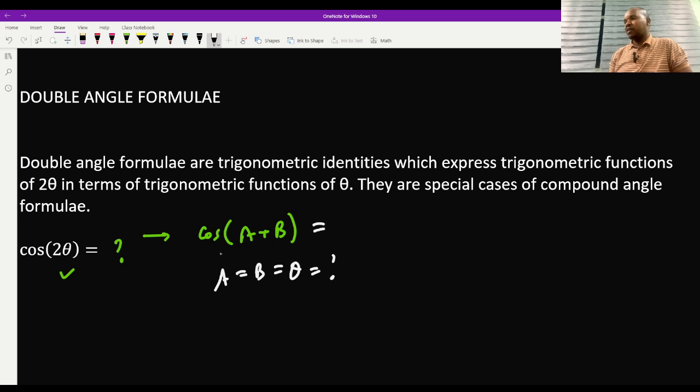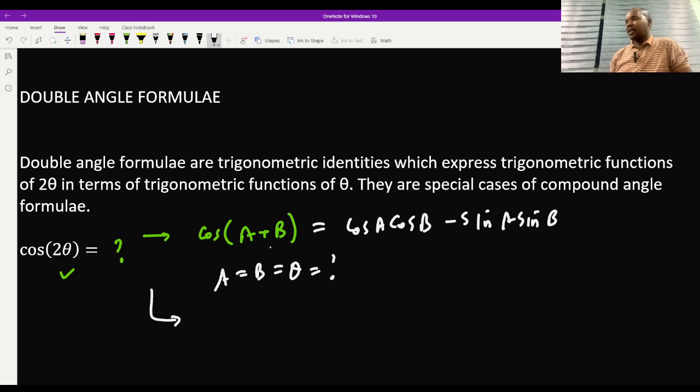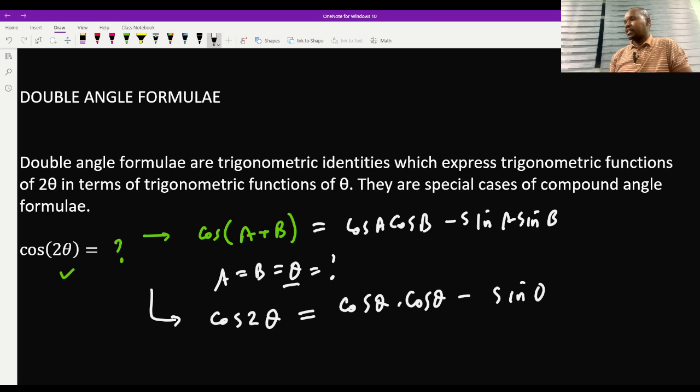So first of all, remember cosine A plus B was cosine A cosine B minus sine A sine B. Now we are going to have a case where A equals B equals theta, so that you'll have cosine 2 theta, and cosine 2 theta will be cosine theta cosine theta minus sine theta sine theta.